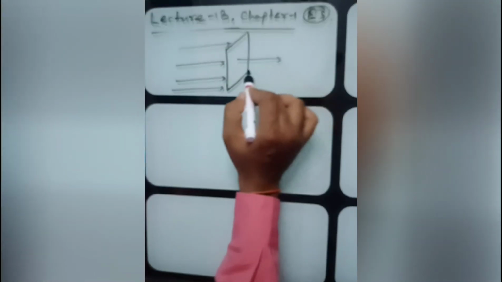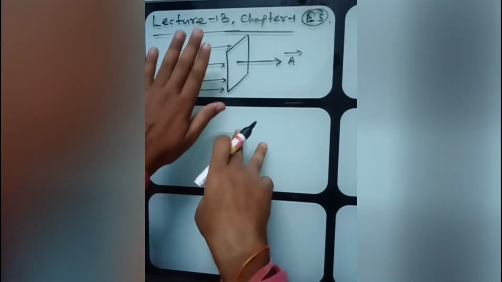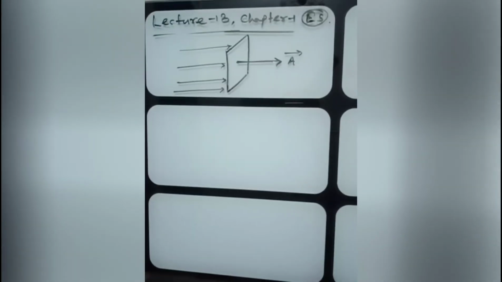This is the surface area. You can write the area vector also. This is the area vector. Here you are capable of stopping the maximum field lines.